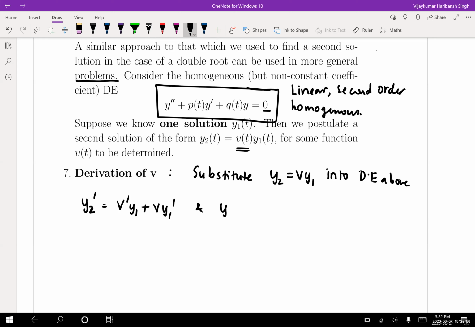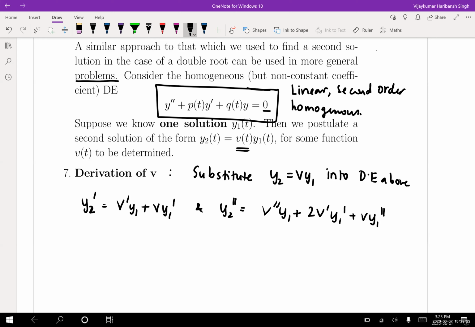And y2 double prime, again using Euler's formula, is like the binomial expansion for power 2, but instead of powers there are derivatives. So the second derivative is v double prime y1 plus 2 v prime y1 prime plus v y1 double prime.